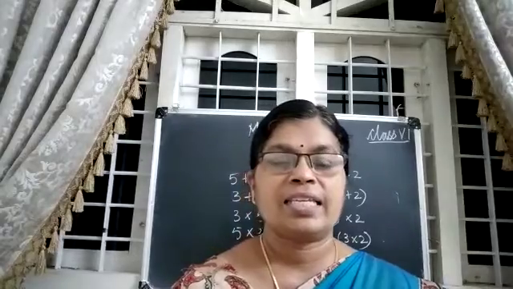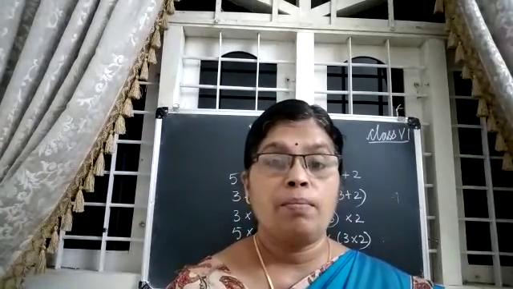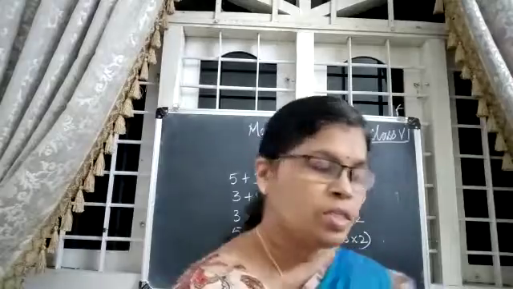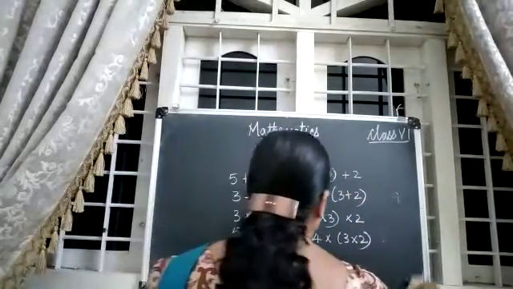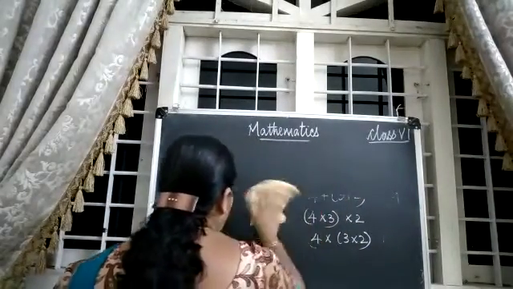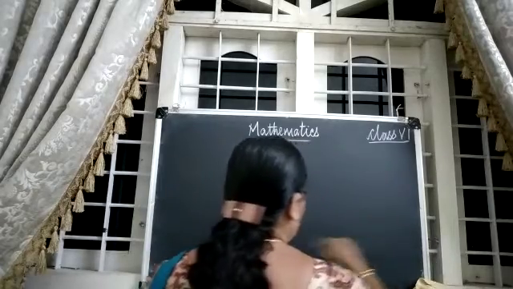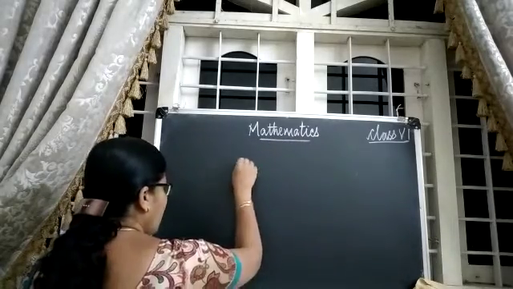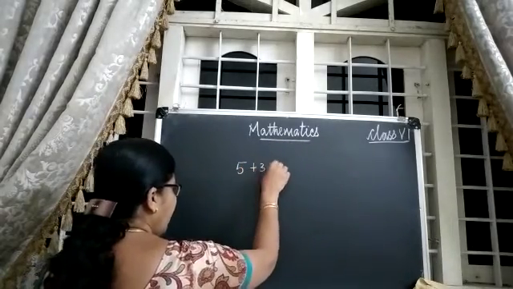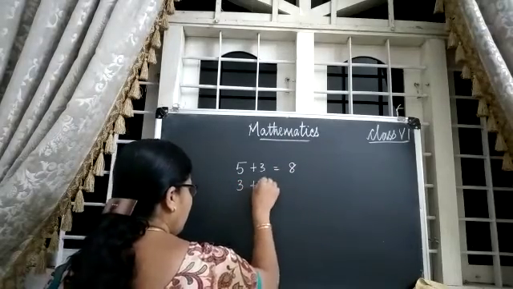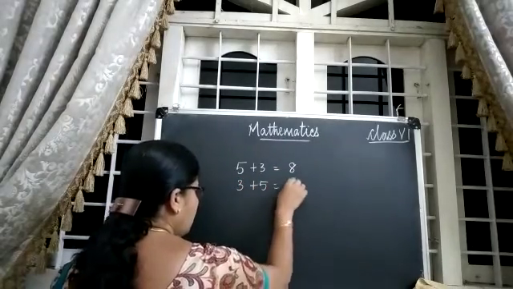Then let us see one more type of expression. See, here we have written 5 and 3 added and we got 8. Then 3 plus 5 is also 8, right?